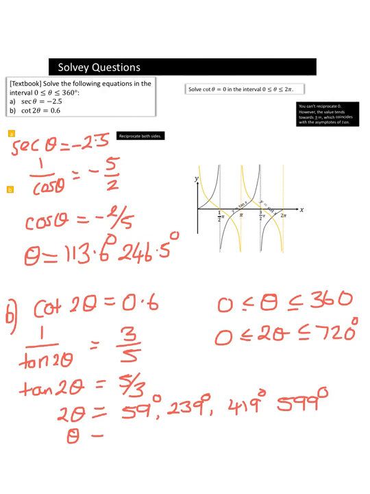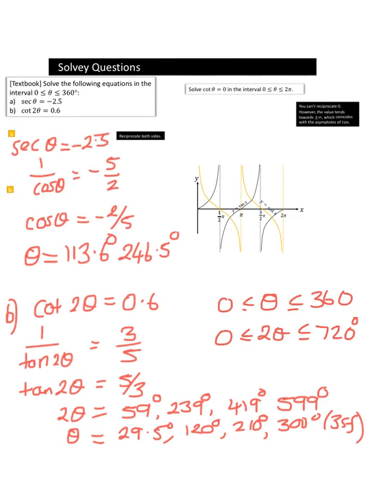Dividing them all by 2 will give me my answer, so that will give us 29.5, 120 degrees, 210 degrees, and 300 degrees, all to 3 significant figures.